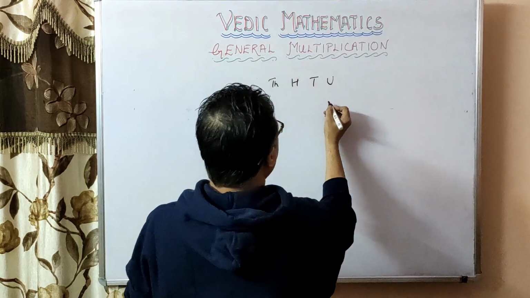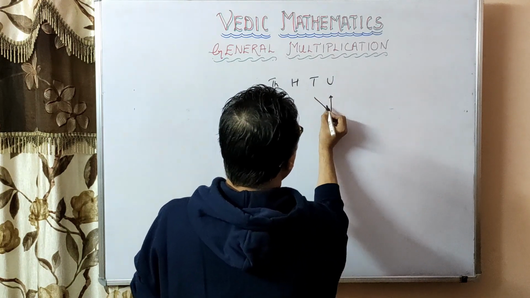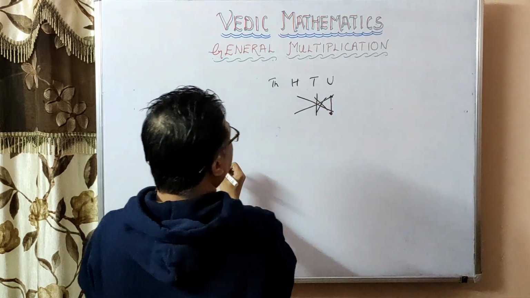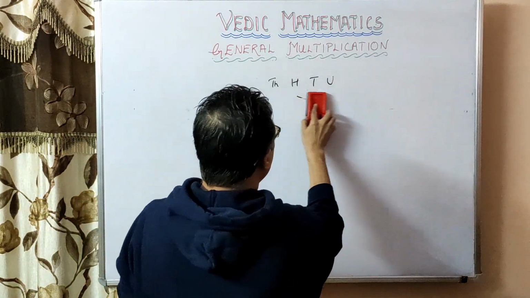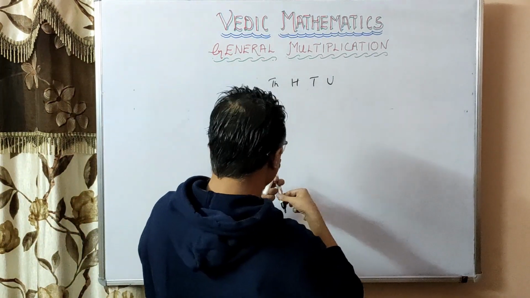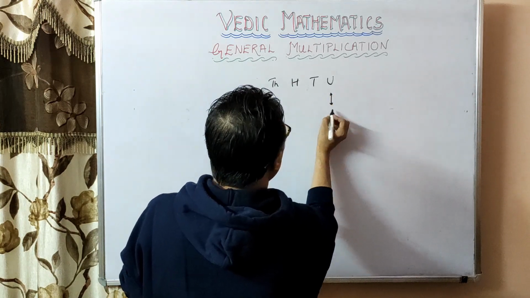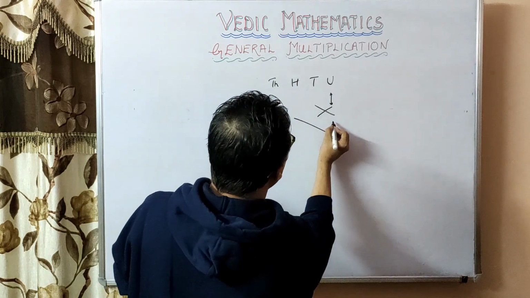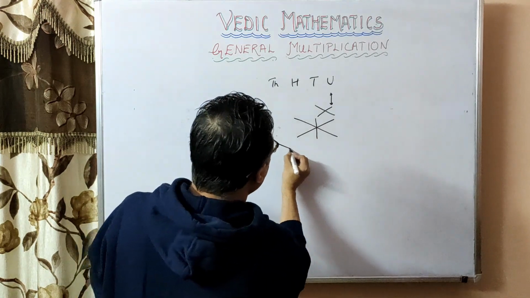So first of all, we will consider these, then we'll consider this, then we'll do like this. So this is a bit confusing, so I'll do this slightly other way so that you know. First of all, we'll do this, then we'll do this, then we'll do this, then we'll do this.